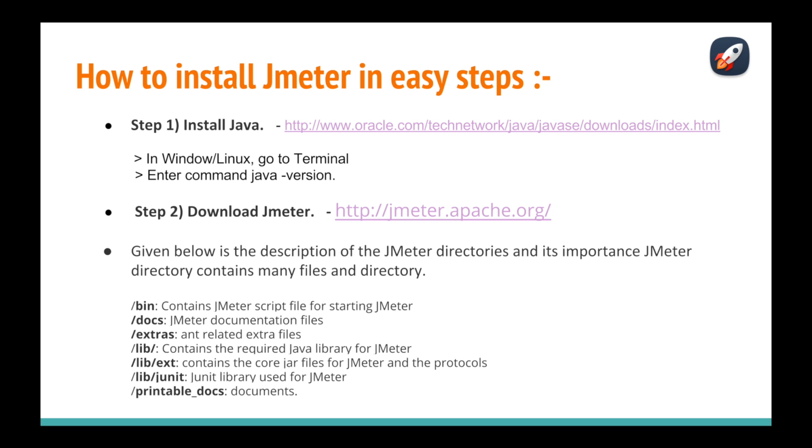The bin directory is where the JMeter sh file will be, which you have to run if you are on Mac. And there will be an exe file for Windows also.